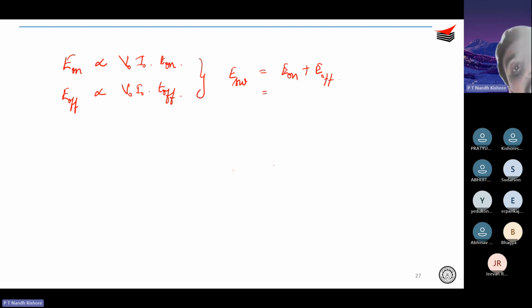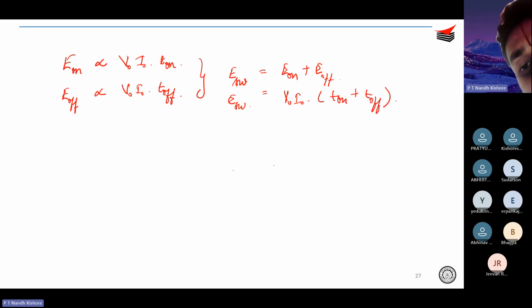So every time a device turns on, it anyway has to turn off. So your switching losses are a summation of this plus this, on and off, right? So V naught into I naught into T on plus T off. This is your E switching.